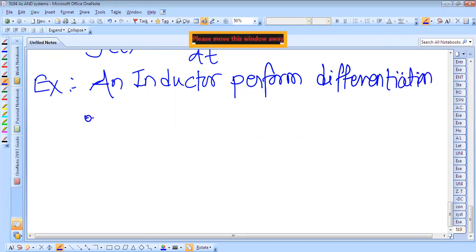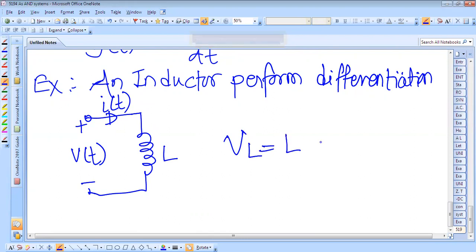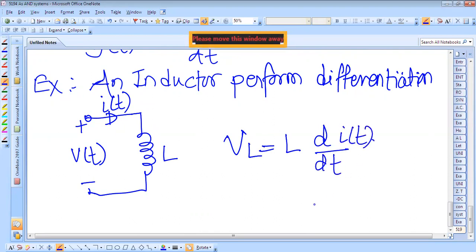Let us consider this is the inductor, and the voltage is applied here. The current flowing through it is I of t. This is the inductor L, and therefore the voltage across this inductor can be written as VL is equal to L into d by dt of I of t. So this is the example of differentiation.